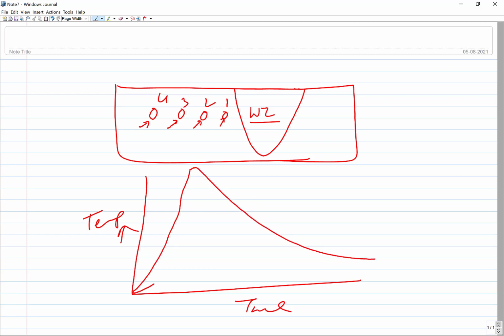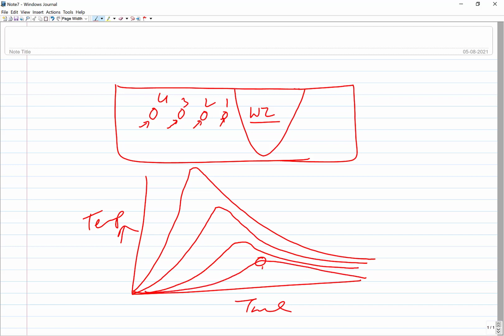For the second location the variation may be like this, and for the third location like this. Just see this: 0.4, 0.3, 0.2 and 0.1. The closest one takes a shorter time to reach the peak temperature, and the peak temperature is high.